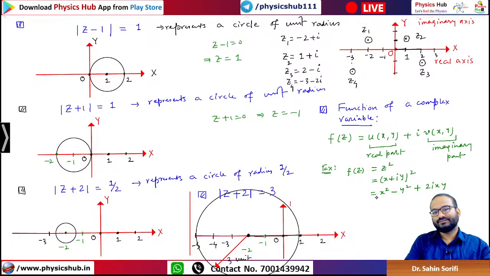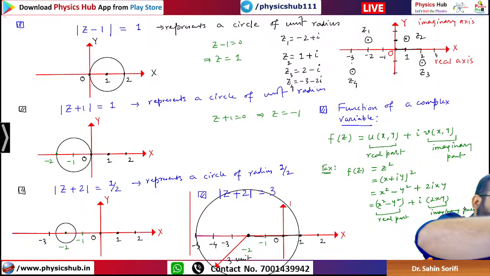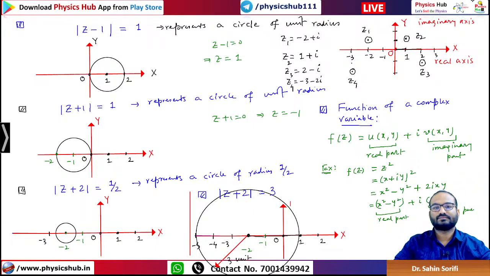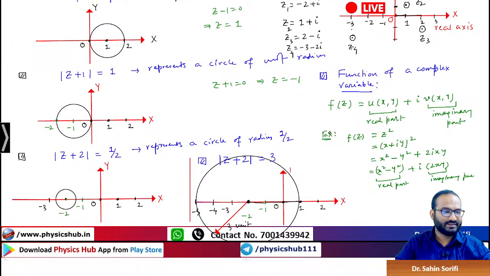So here this x squared minus y squared, this is your real part, plus i times this 2xy, this is your imaginary part. Is it clear, guys?